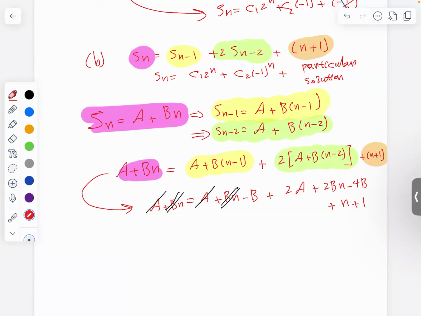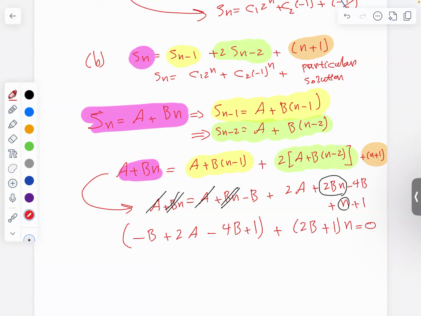I will write minus B. Yes, excellent. So I will gather these n terms together. Plus 1, plus 2B plus 1 times n equals 0.